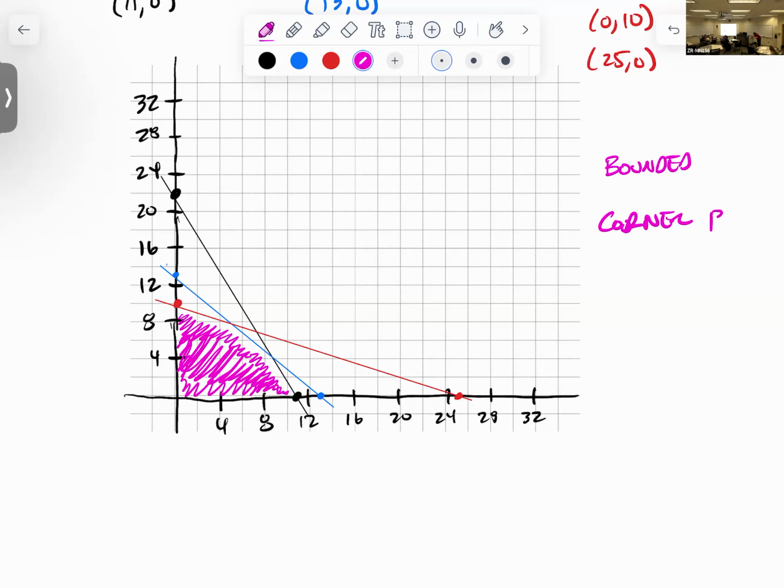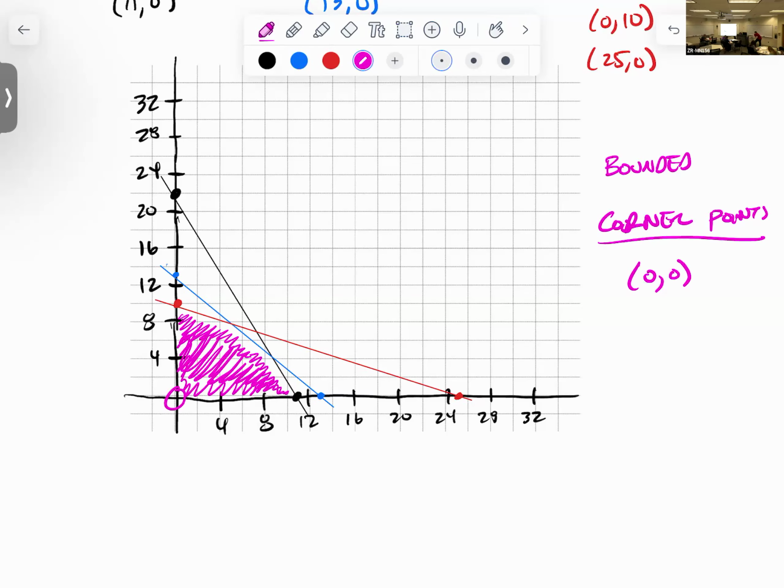It's gonna be hard because they're in the middle. Some are gonna be hard, some are gonna be easy. Let's start with the easy ones. What's the easiest one by far? The corner point. It's the 0, 0. 0, 0, it's right here, boom, got that one. There's two more easy ones.